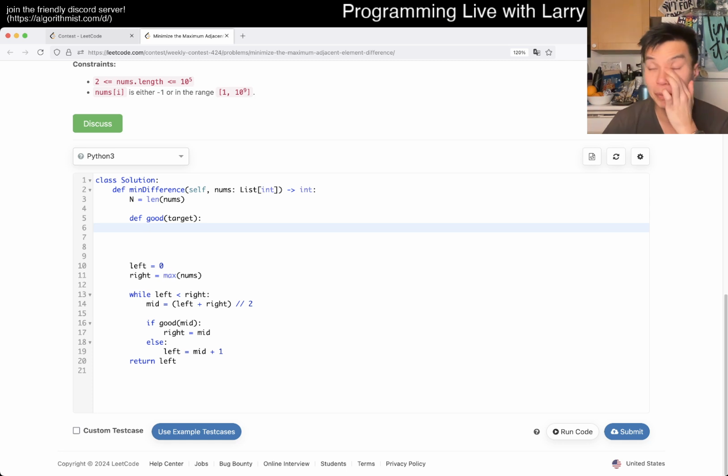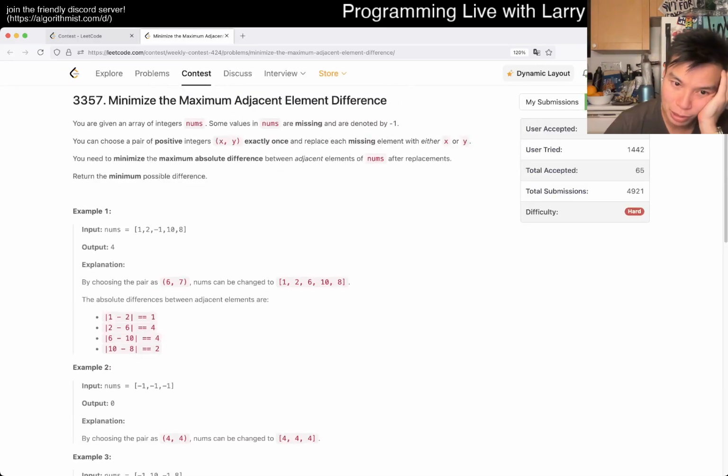What I want to do is compress the negative ones because the negative ones don't matter. Wait, no, they do. You cannot compress the negative ones. Oh no, this is going to be so annoying.